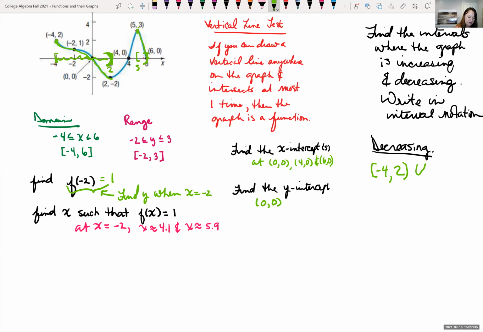This is also where it stops being a max or increasing, so I'm going to put a parenthesis. I'm starting to decrease from 5, comma, and I'm going to stop at 6. Because this is an endpoint, I'm going to put a bracket. So these are all x values where I'm going down.